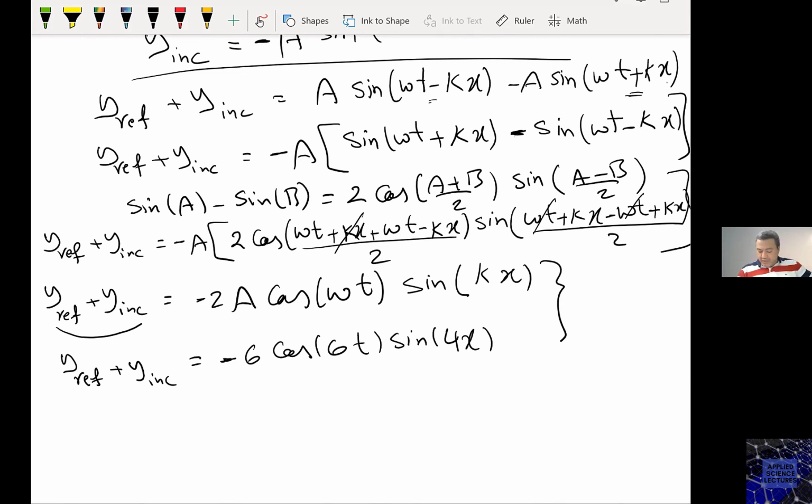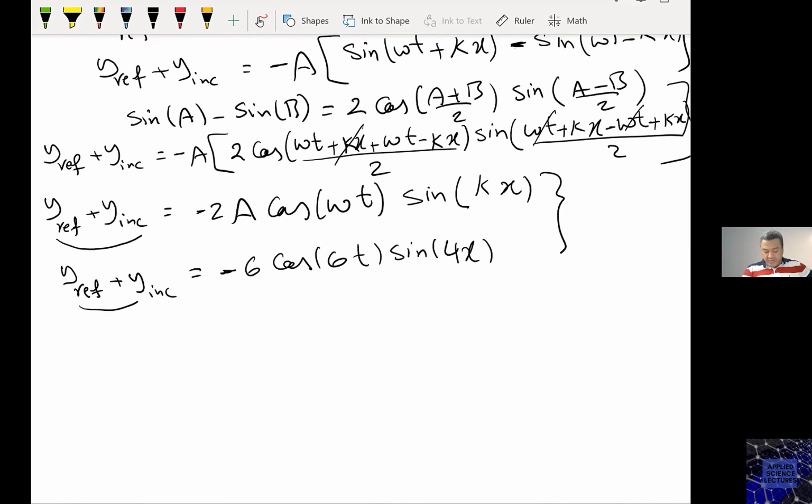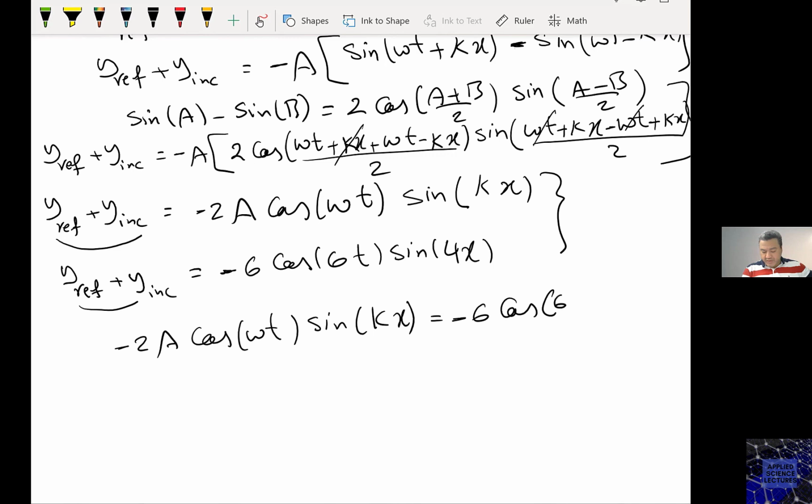So at the end, I will get those two equations. Now, if I equate those two equations, what do I get? I get minus 2a cosine omega t sine kx equals minus 6 cosine 60t sine 4x.